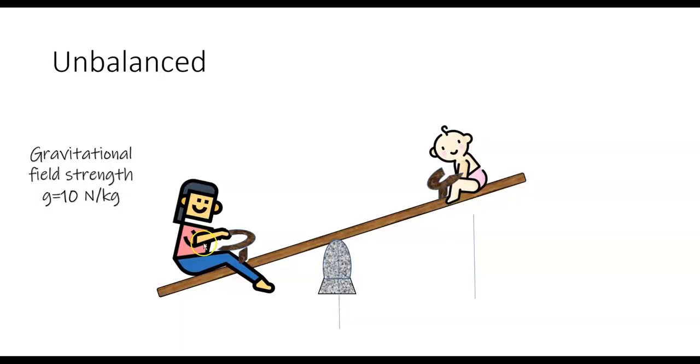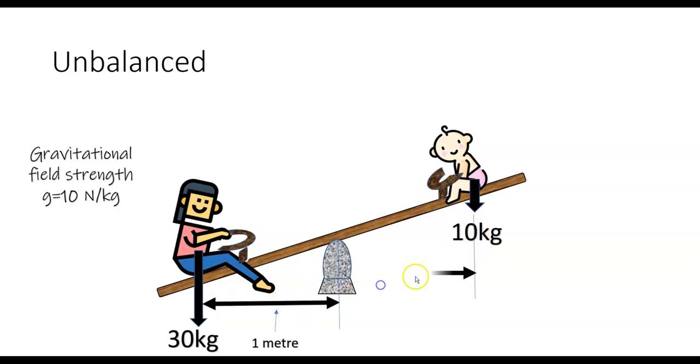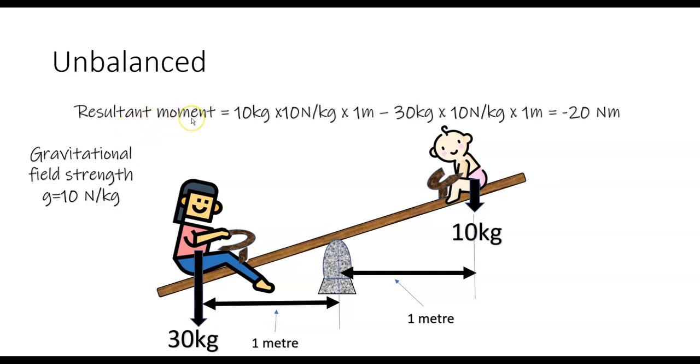So let's say now instead of two toddlers, a little girl now replaces one of the toddlers. Assuming the girl weighs 30 kg and the toddler weighs 10 kg, both are seated 1 meter away from the pivot, and taking the gravitational field strength to be 10 Newton per kilogram, we can calculate the resultant moment, which is the sum of the clockwise moments subtracting the sum of the anti-clockwise moments.